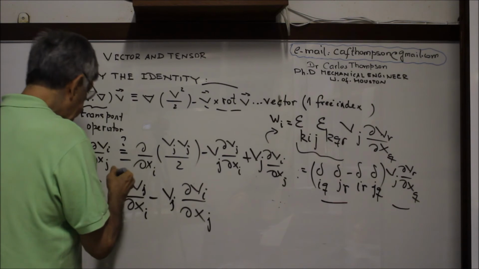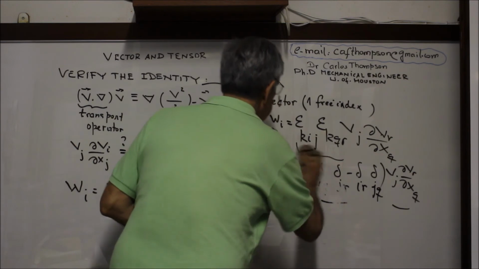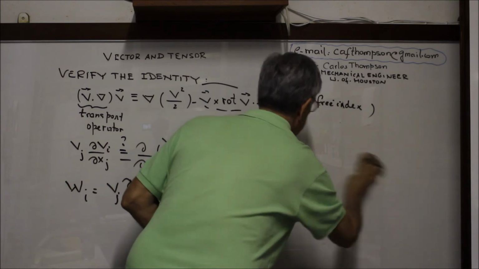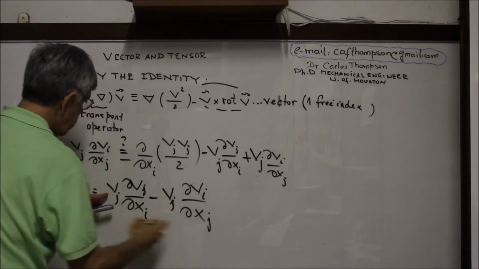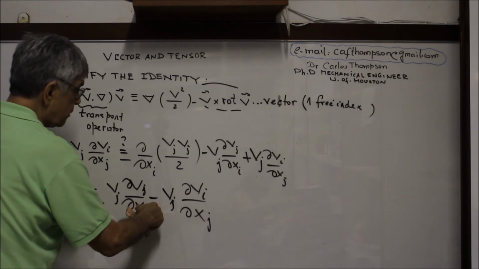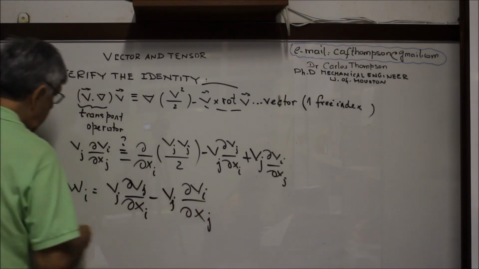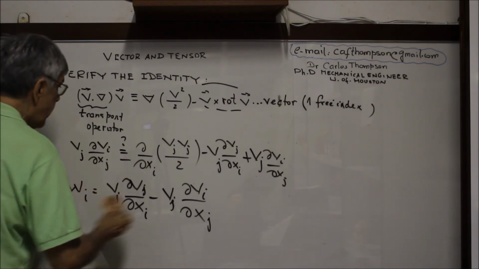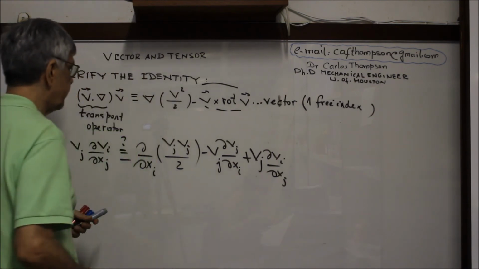Now I complete the right hand side. So let's develop here. This is minus Vj partial of Vj with respect to xi, plus Vj partial of Vi with respect to xj. This is I also, so I is the free index, as we expected.